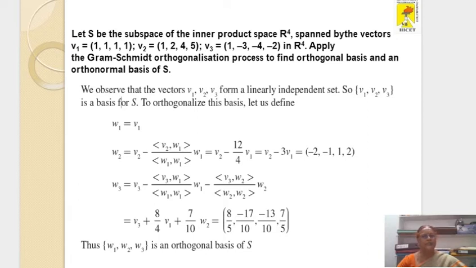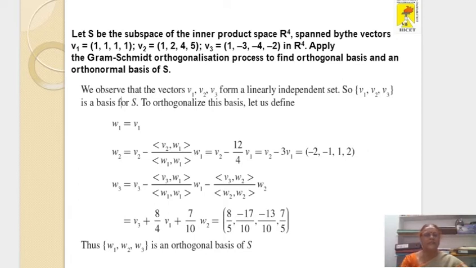V2 values are given already. So when you find the inner product, we will get the value as 12 divided by W1, W1, which is 1, 1, 1, 1 into 1, 1, 1, 1. We will get 4 into V1. Then V2 minus 3V1, substituting the corresponding values of V1 and V2, we will get the value minus 2, minus 1, 1 and 2.